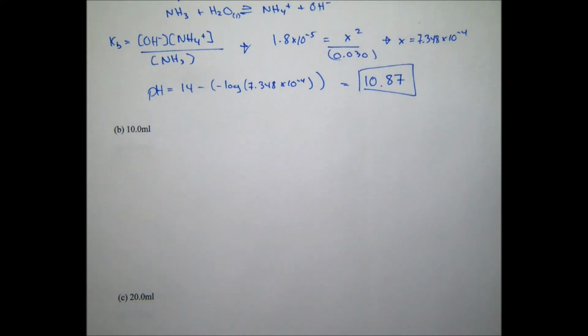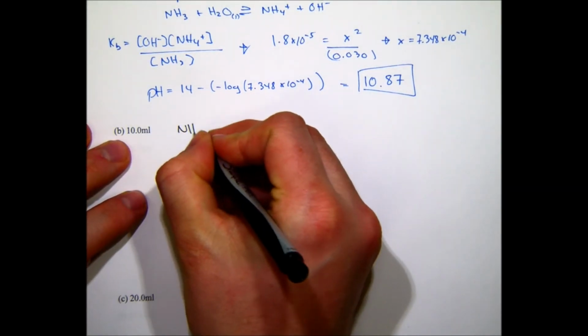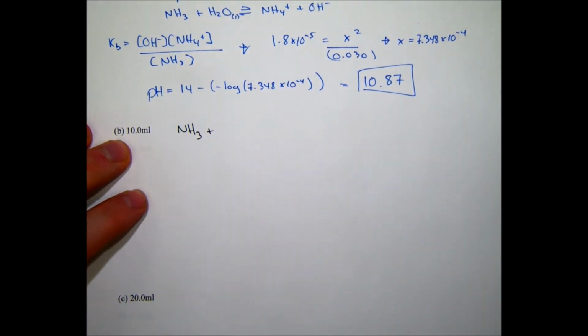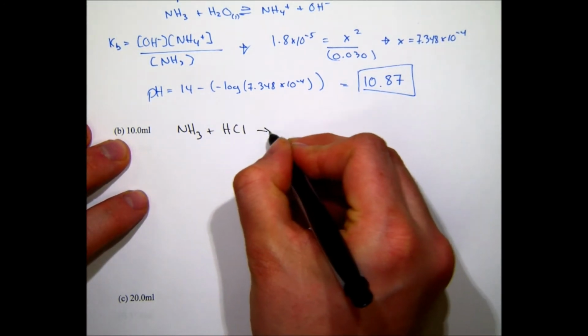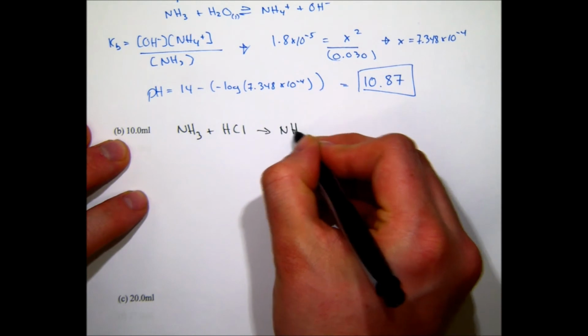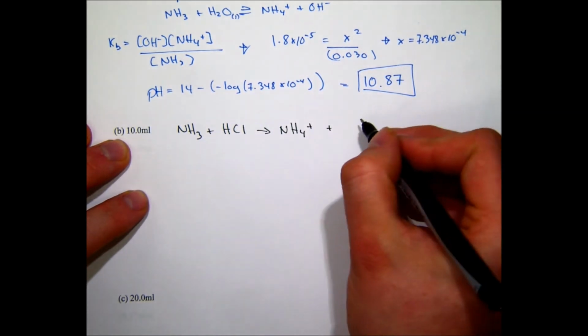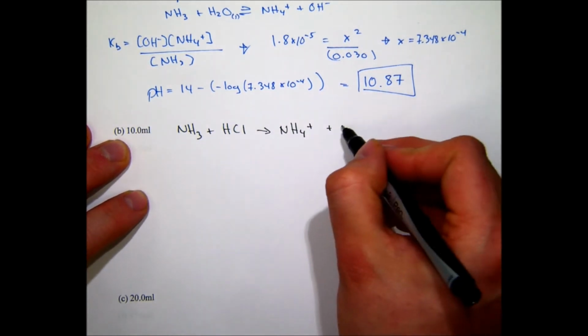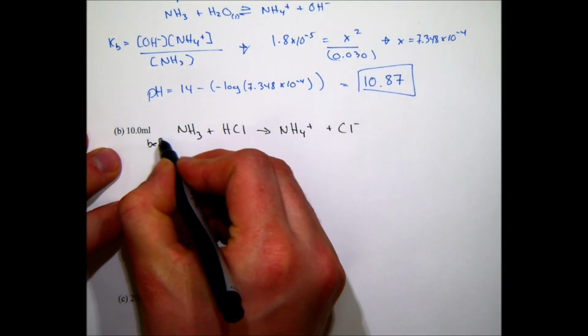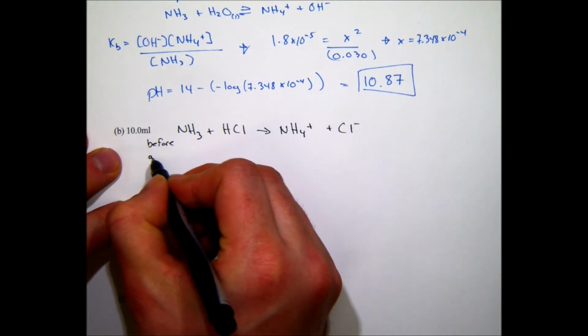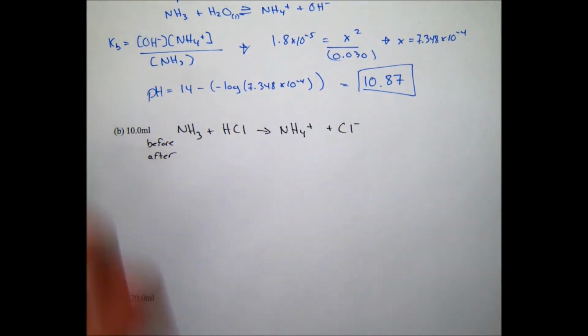We are now doing a neutralization reaction between ammonia, NH3, plus a strong acid, HCl, and that's going to produce NH4 plus Cl minus. We're going to use this reaction every single time, and we'll use a before and after table to help us get organized.